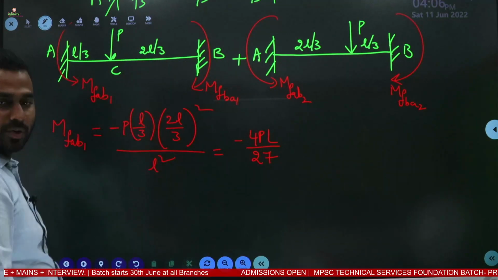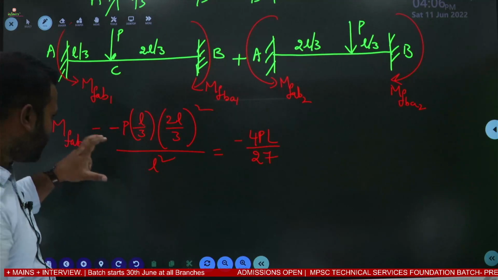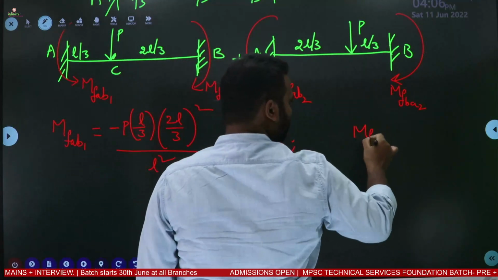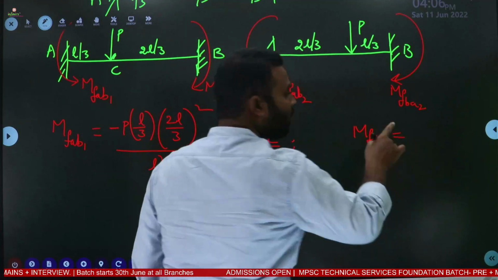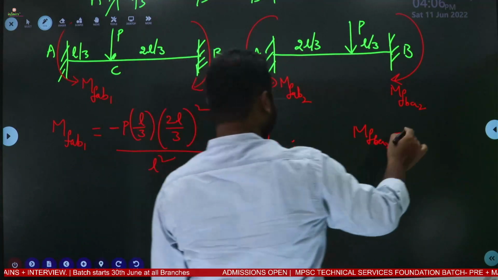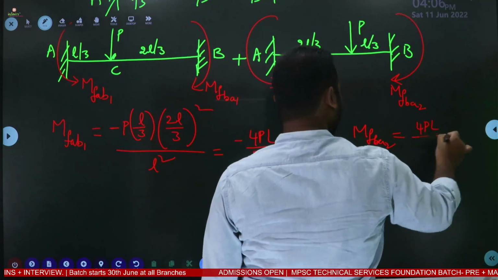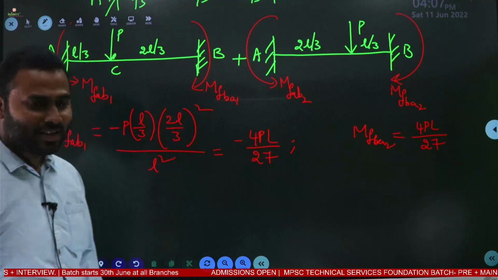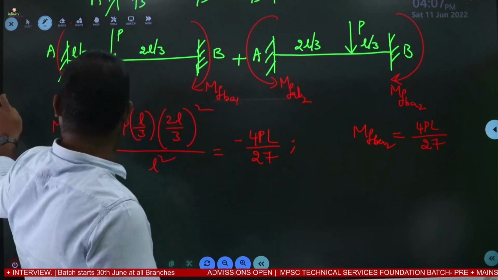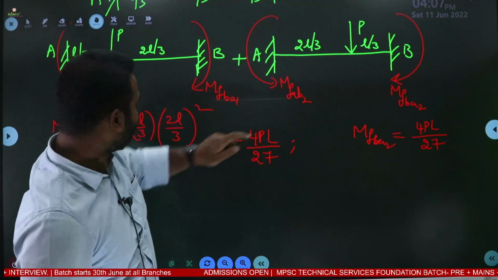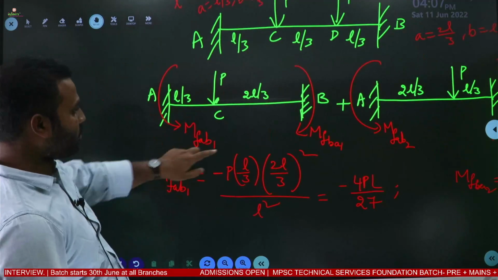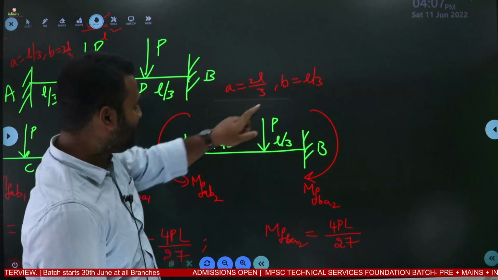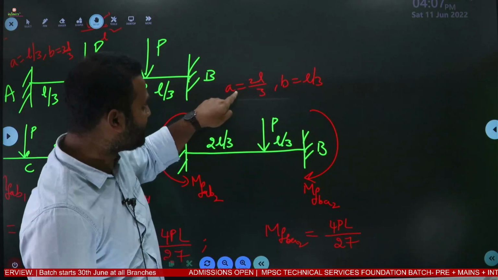Okay, 4PL upon 27. Now if you observe, the very same moment will be equal for MF BA2, but positive. How much is it? 4PL upon 27. Is it clear? Why? MF AB1 is equal to MF BA2 because in this case B is L by 3 and A is 2L by 3.